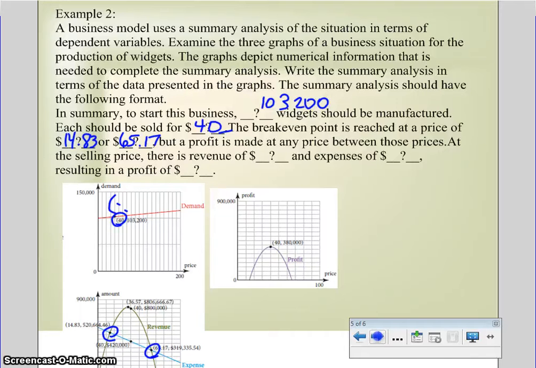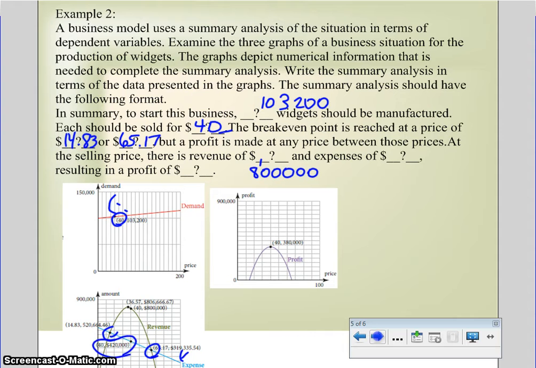So next we have at the selling price, there is a revenue of, and if we look down here, we've got our revenue curve, and it's at the 40 and then 800,000. So the revenue is the 800,000, and expenses of, so now we need to look at our expense curve here, and our expenses at the very top here were 400, and actually it's right here.